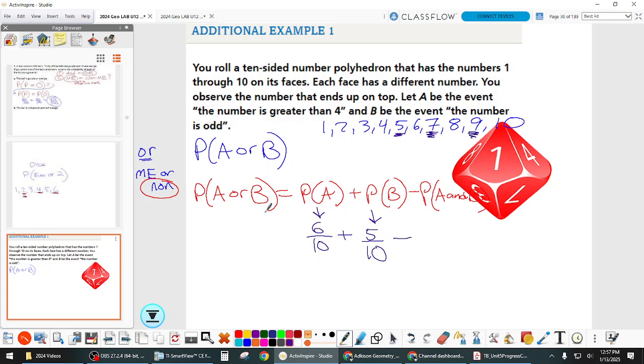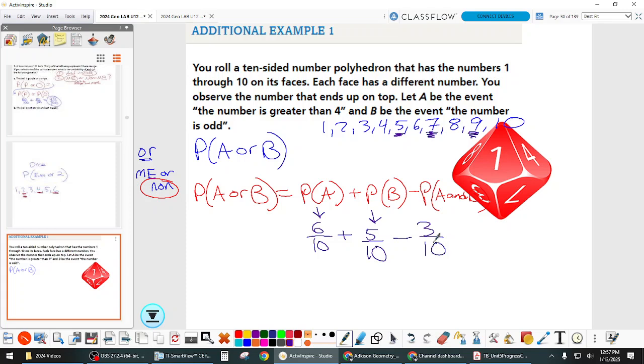Those are greater than 4 and odd. So what's the probability that it will be one of those? No, it's 3 out of 10. Yeah. Right? It's just those 3 numbers out of the whole die.